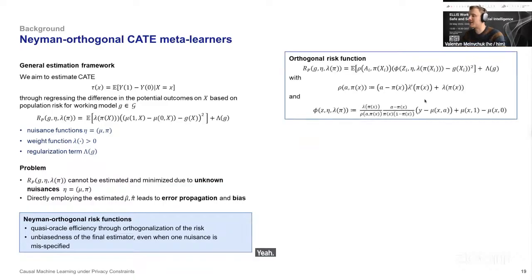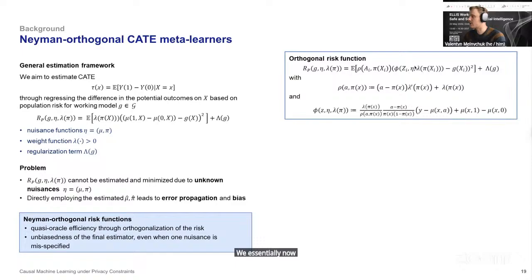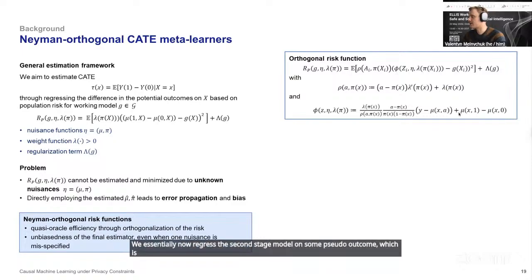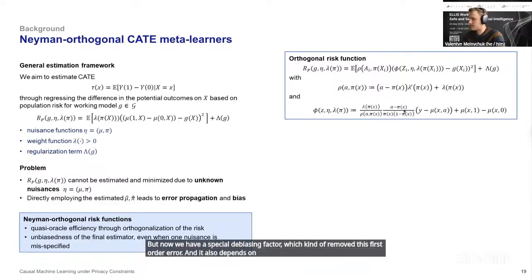The specific formulas are a little bit threatening, but essentially what the Neyman orthogonality of the CATE meta-learners means is that we now regress the second stage model on some pseudo outcome, which is comprised of again the difference mu1 minus mu0, but now with a special debiasing factor, which removes this first order error. And it also depends on the propensity scores.